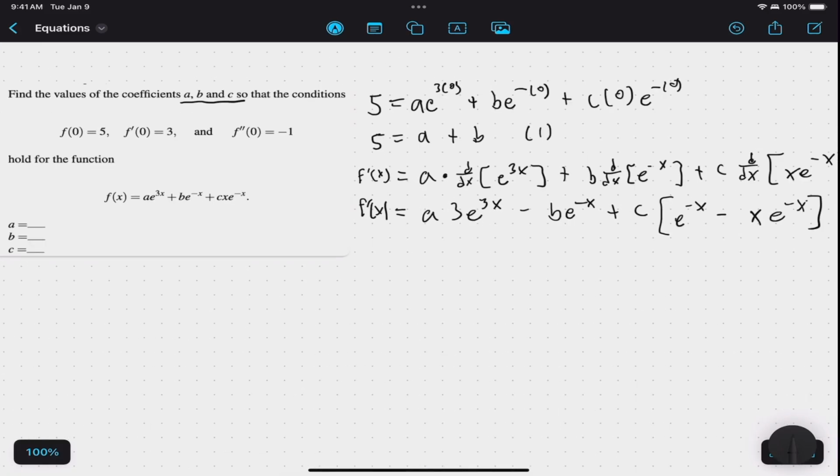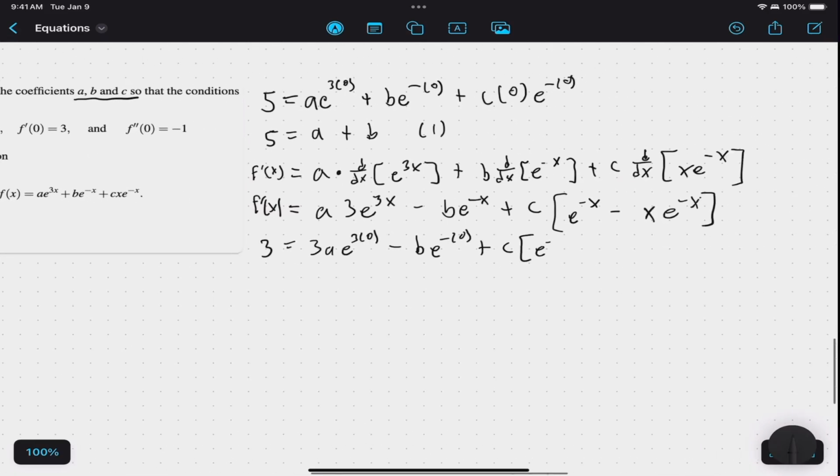And from the problem, when we put in 0 into the first derivative, we get back 3. So 3 should be equal to 3a e to the 3 times 0 minus b e to the negative 0 plus c times e to the negative 0 minus 0.